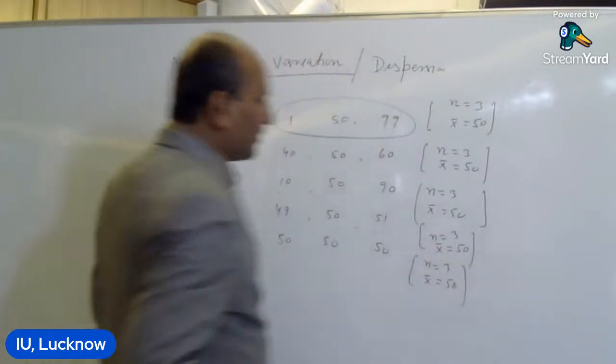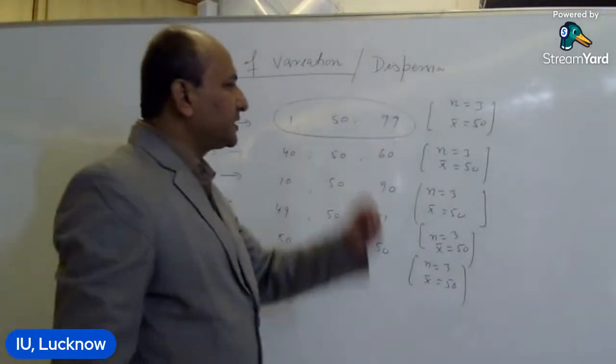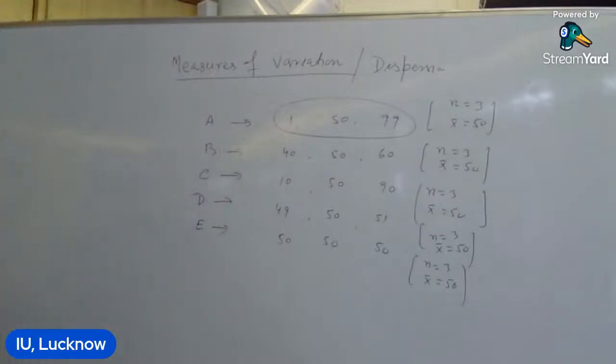So we see here that the information from all these sets of observations is the same: the number of observations is 3 and the mean is 50.